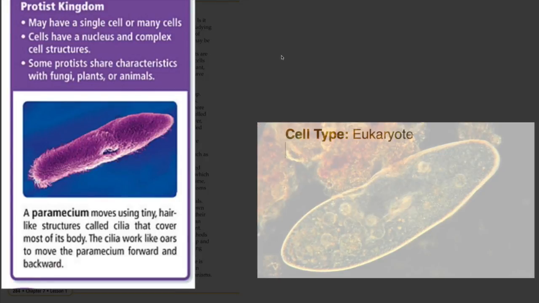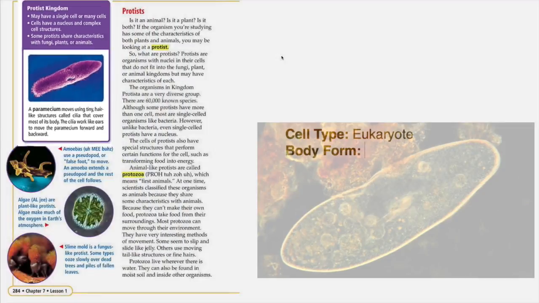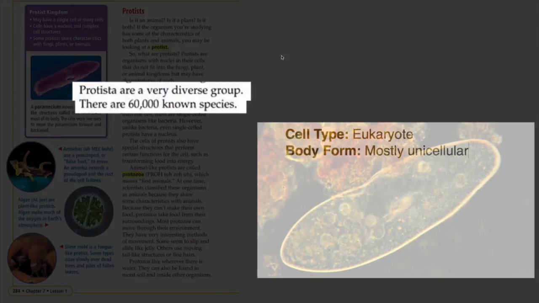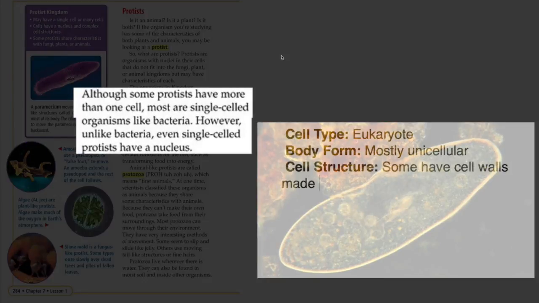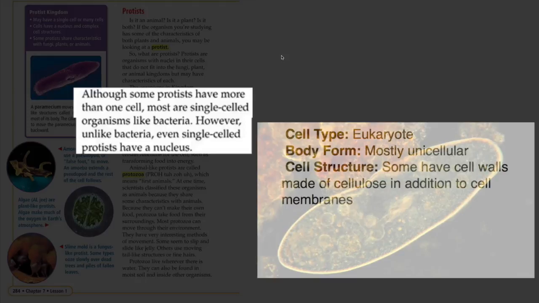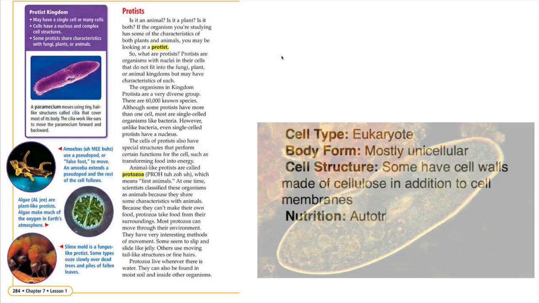The organisms in this kingdom are very different from one another. There's 60,000 different known species at least. But what they do have in common is that most, notice I said the word most, are single-celled organisms like bacteria, but they do have a nucleus. The cells of the protist also have special functions that they perform, that they can transform food into energy.